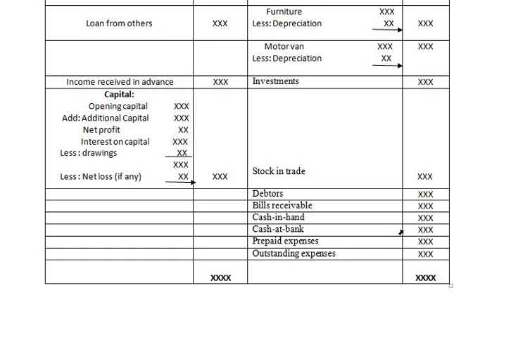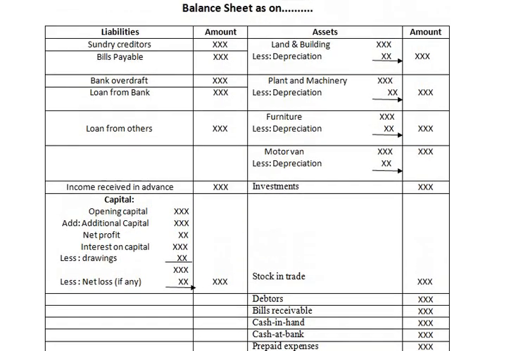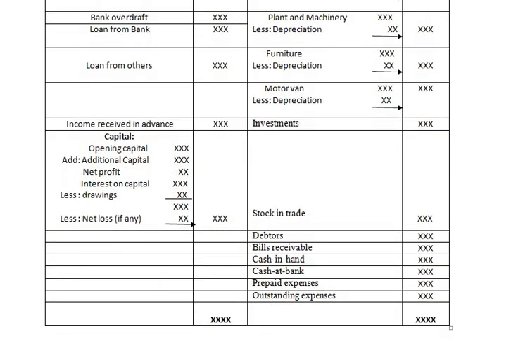Debtors, bills receivable, cash in hand, cash at bank, prepaid expenses and outstanding expenses, all this amount comes in the outer column. Total the asset side and the liability side, both the amounts must be tallying, then the problem is absolutely right. See, the total amount must be tallying.